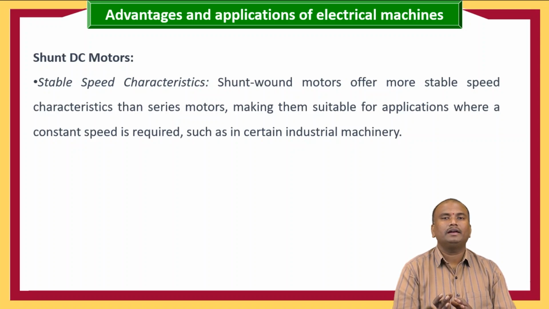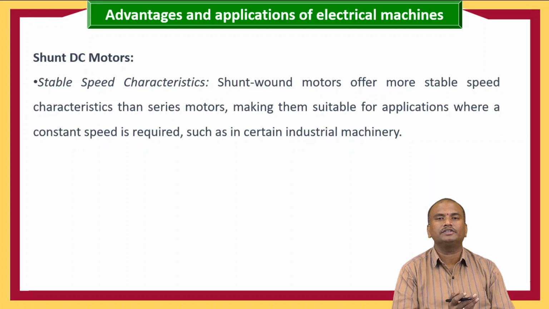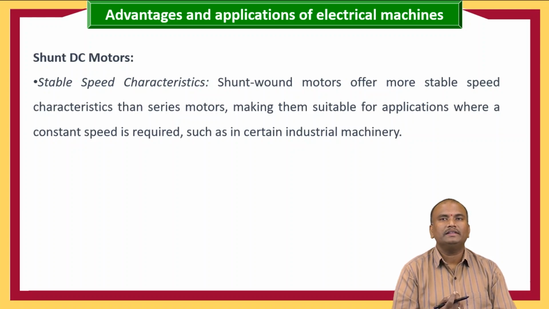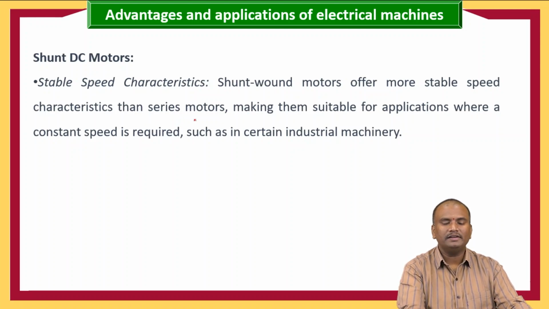When it is parallel, the voltage is constant. When the voltage is constant, the flux is also constant. When the flux is constant, since speed is proportional to flux, speed is also constant. That's why DC shunt motors exhibit more stable speed characteristics than series motors, making them suitable for applications where a constant speed is required, such as in certain industrial machinery.